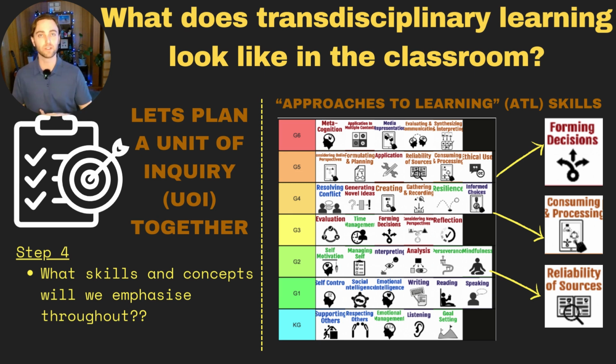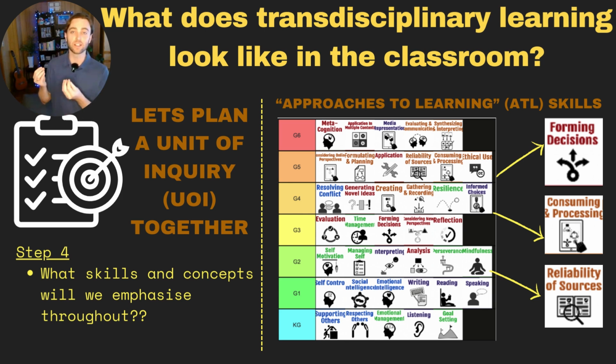And sometimes when students are going through the years, they will focus on specific approaches to learning, and they'll be measuring their growth as they go through their learning. Teachers, when they're planning their units, will have a look and see, okay, which ATL skills will we emphasize to the students during this unit of inquiry?